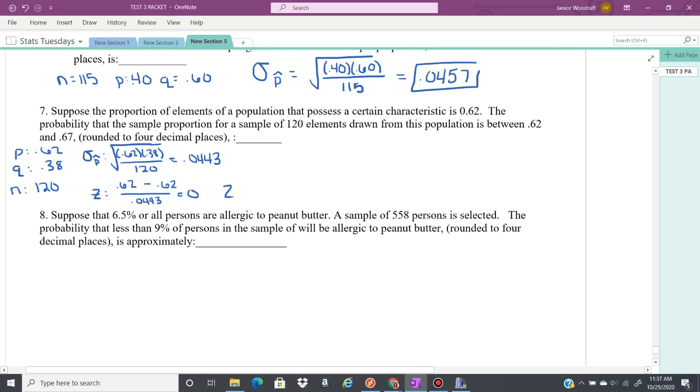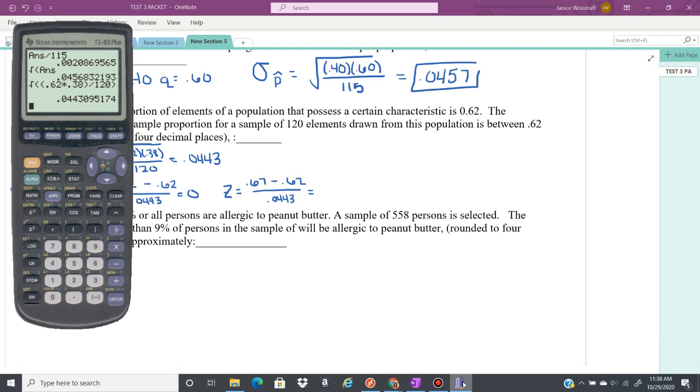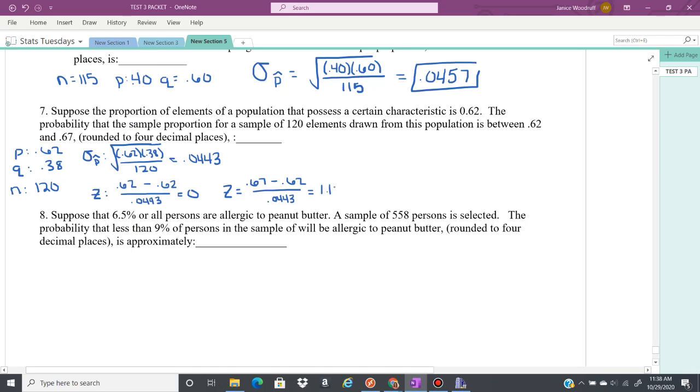My second z-score will be 0.67 as p hat minus 0.62 over 0.0443. Let's see what that brings us. So that's going to be 1.1287.